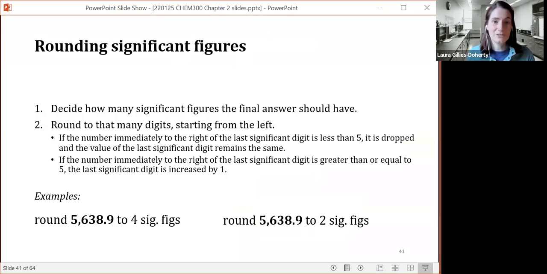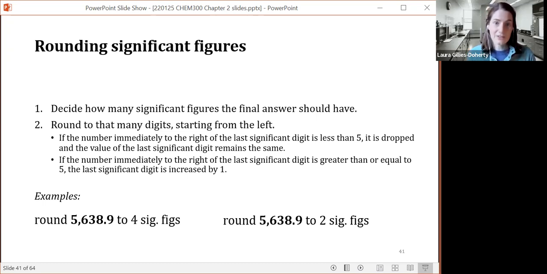The first thing you want to do is decide how many sig figs the final answer should have. We're going to talk about how to figure that out with the other operations, but once you know how many sig figs you want your final answer to have, to round to that number of sig figs, you count that number of digits starting from the left.